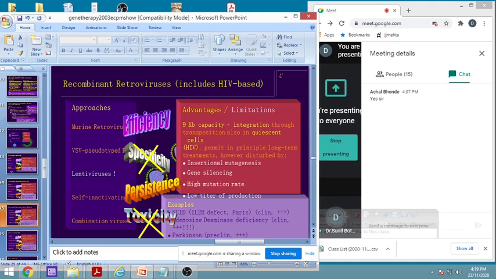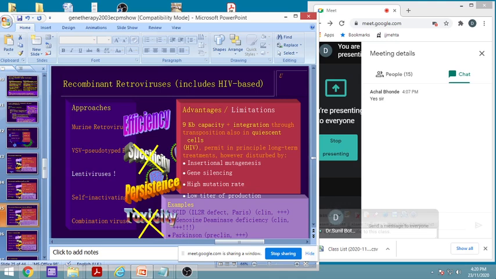Here again, efficiency-wise good, persistence-wise good, but the problem is specificity and toxicity. It can have a capacity up to 9,000 base pairs, and it can integrate through transposition, also in quiescent cells. Quiescent cells means those which are not doing any activity, those in a resting state.